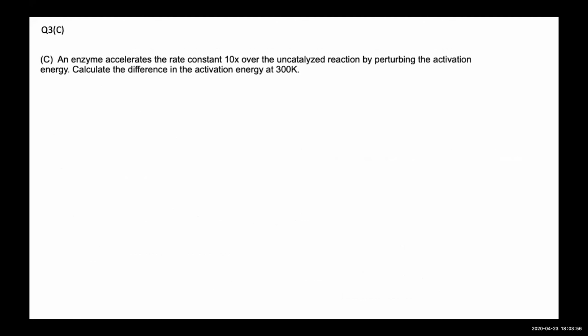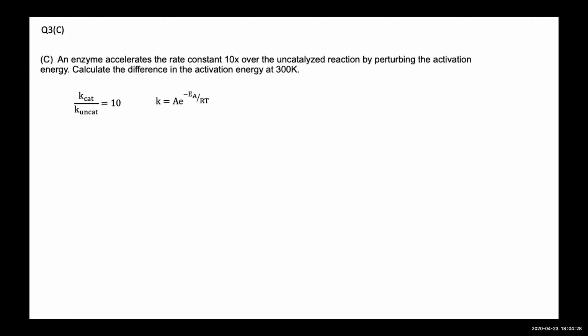Okay. For the next part, it says that an enzyme accelerates the rate constant by 10 over the uncatalyzed reaction by perturbing the activation energy. And we're asked to calculate the difference in activation energy at 300 Kelvin. So just to put this into an expression, we have that the rate constant of the catalyzed reaction over the rate constant of the uncatalyzed reaction is 10, because it's 10 times faster when it's catalyzed.